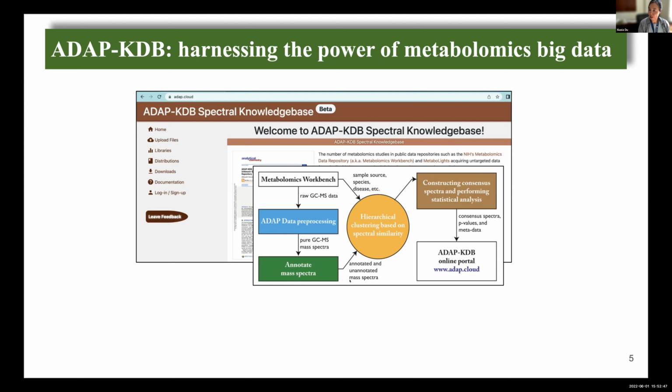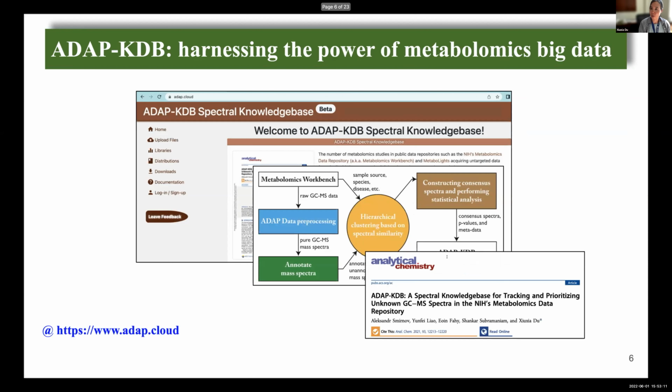Both annotated and unannotated spectra go through hierarchical clustering, and spectra in the same cluster go through a consensus spectral building process. So we find the best consensus spectrum to represent that cluster. Finally, all the results are deposited into the ADBKDB online portal. This work was published in Analytical Chemistry earlier last year, and you can try it out on this website.